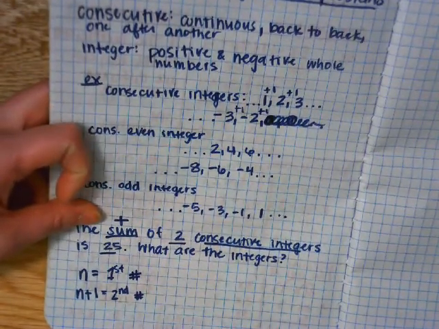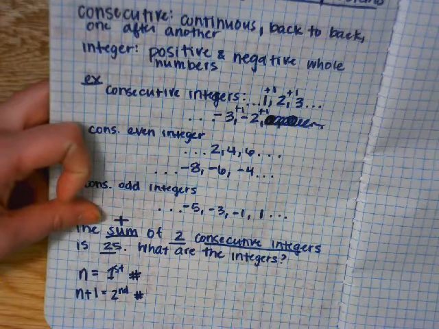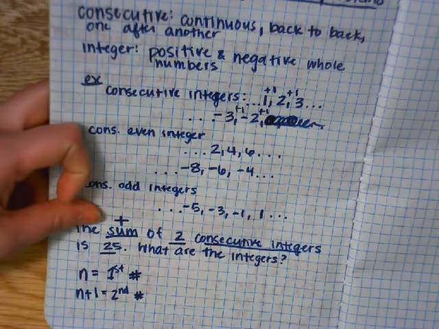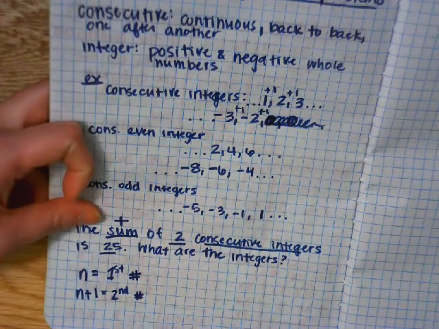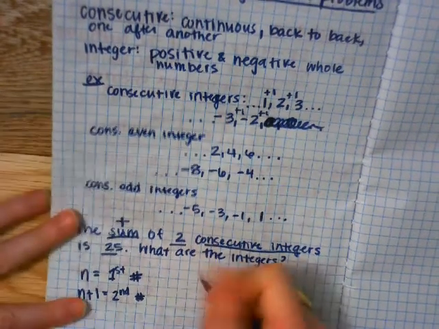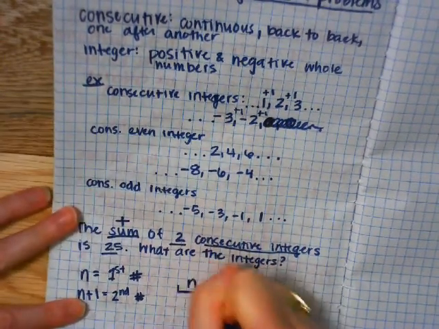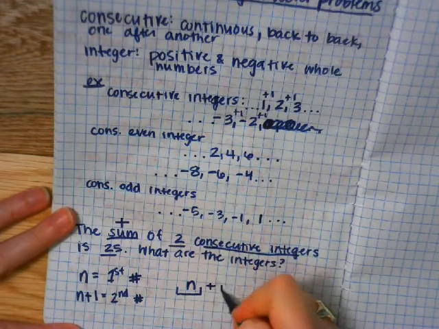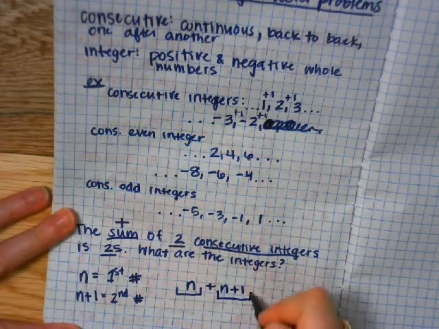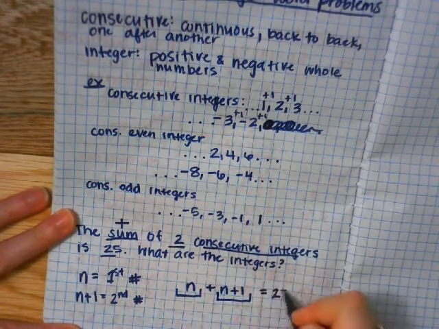All right, so we have our first number and we have our second number. And we know that the sum of these is 25. So we can say n, which is the first number, plus n plus 1, which is the second number, equals 25.